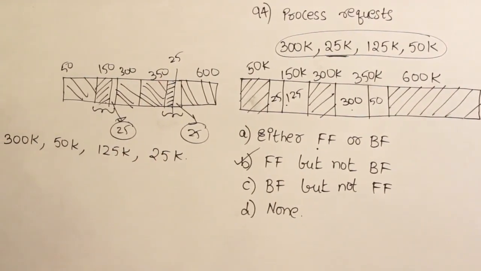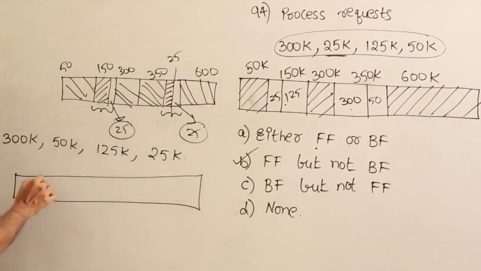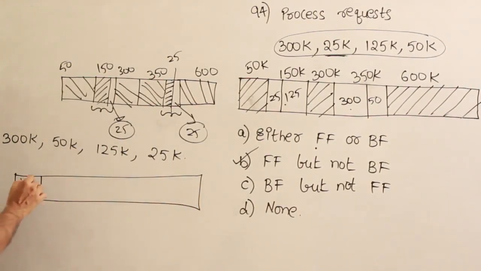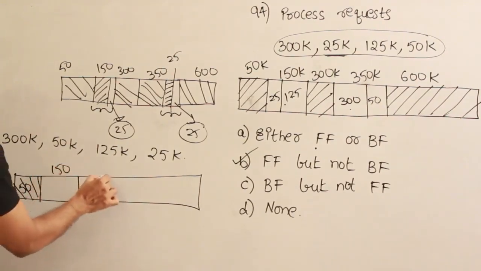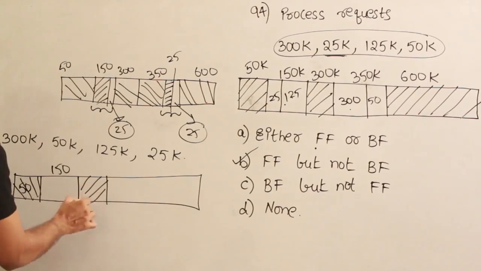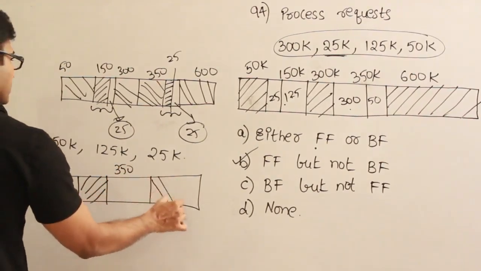It is just going to reverse the scenario. Now if you have 50 which is occupied, and then 150 which is free, and then 300 which is occupied, and then 350 which is free, and then 600 which is occupied.